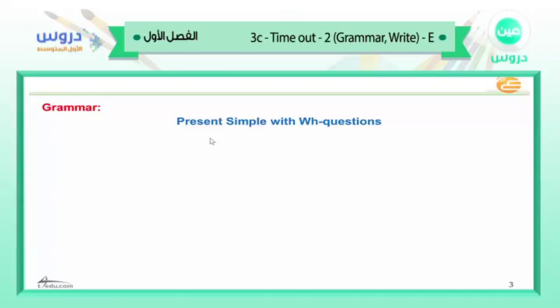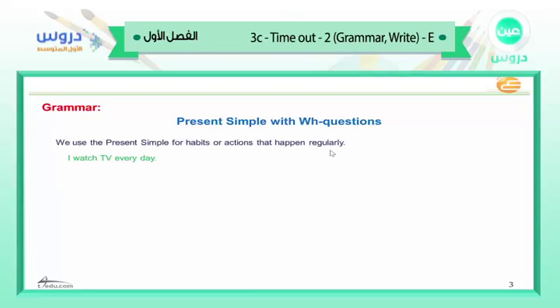We use the present simple for habits or actions that happen regularly, all the time, every day, every week, maybe every year.